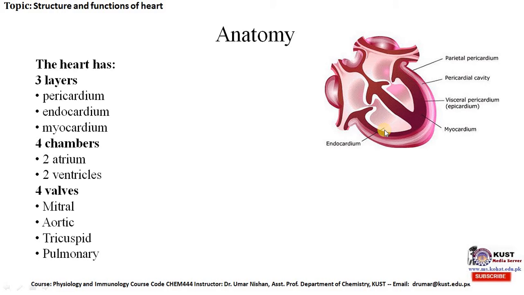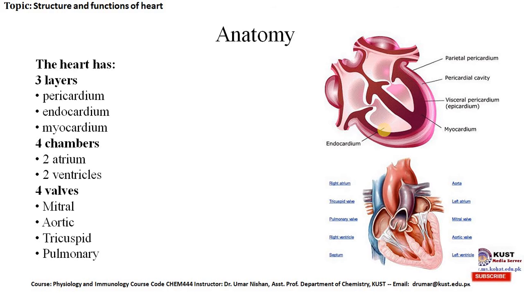These are the layers, and here you can see right atrium, tricuspid wall, pulmonary wall, right ventricle. But these walls will be discussed in the later slides in greater detail, so you will be able to exactly locate where they are. But this is how the overall anatomy of the heart looks like.